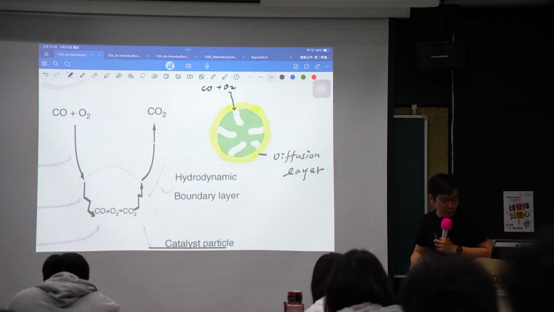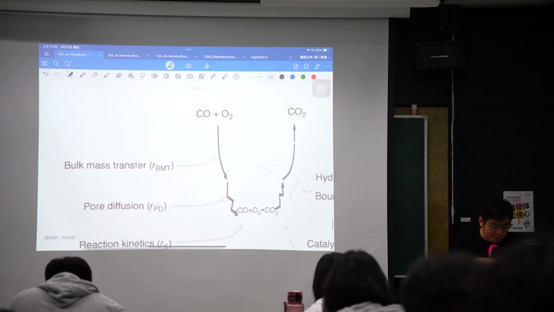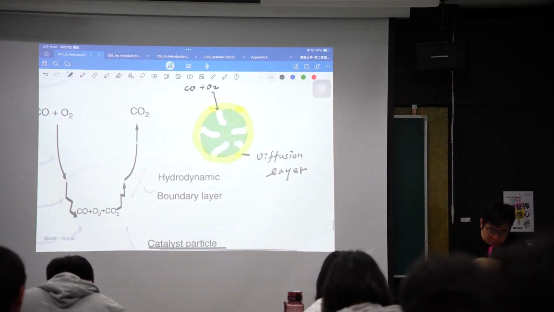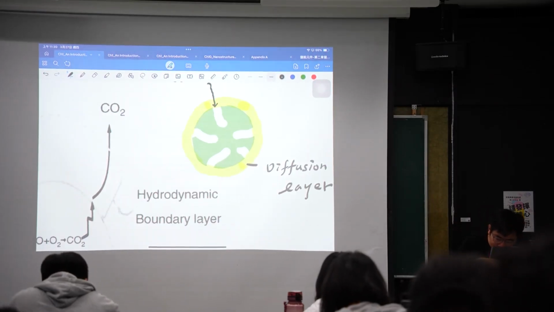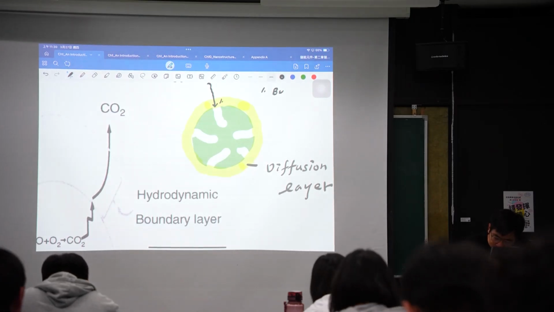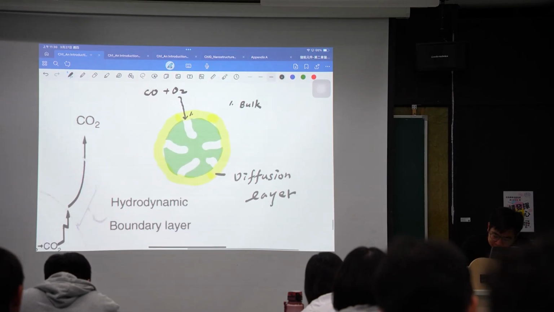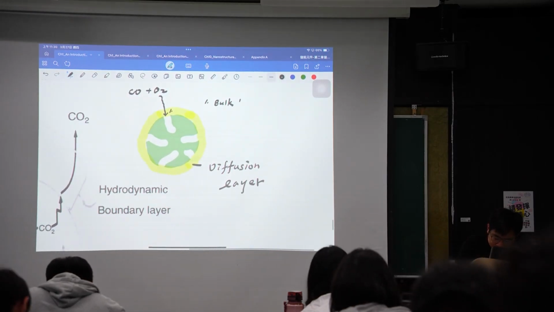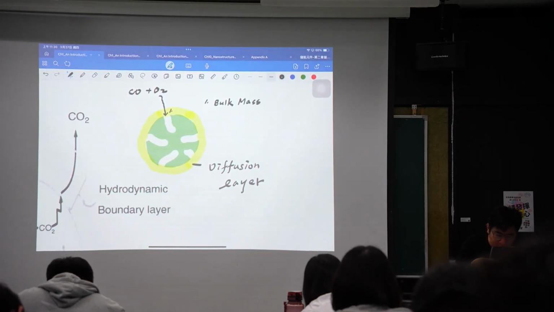This step is called mass transfer. Step 1 is mass transfer.